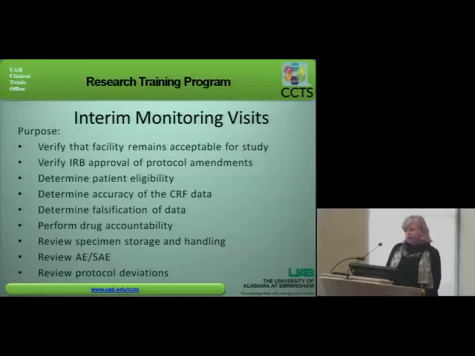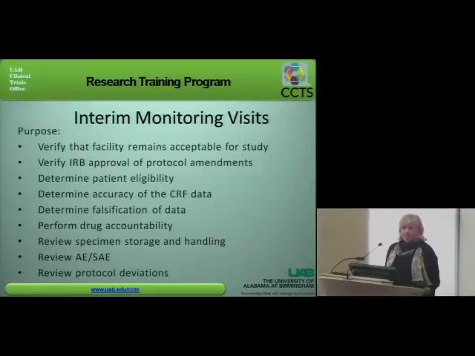They want to make sure that your CRFs and your source documents match each other. If you have a protocol that says that you need to take blood pressures every 5 minutes 3 times, then you need to make sure your source is designed so that it has times for that, that you make sure you're taking it 5 minutes apart, and that the monitor can verify that.